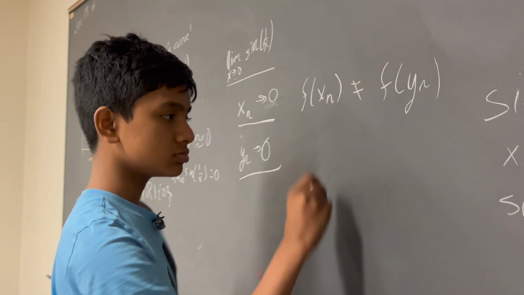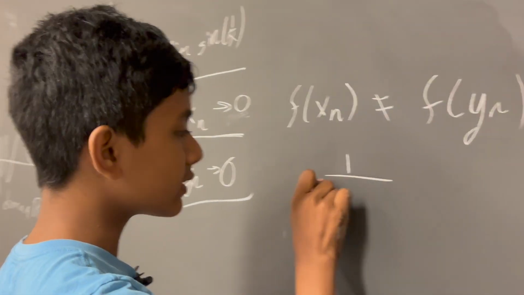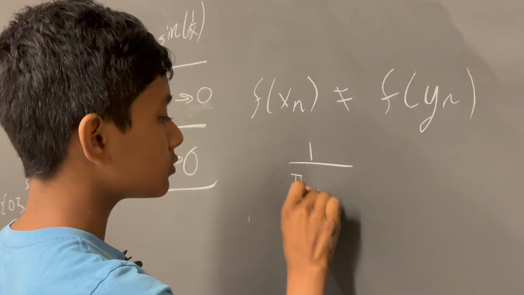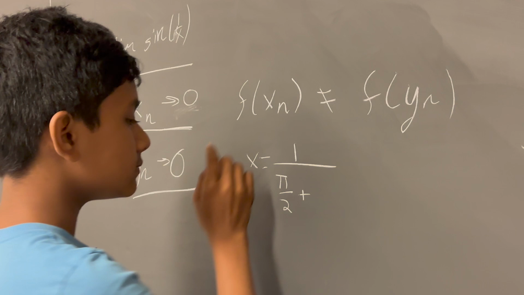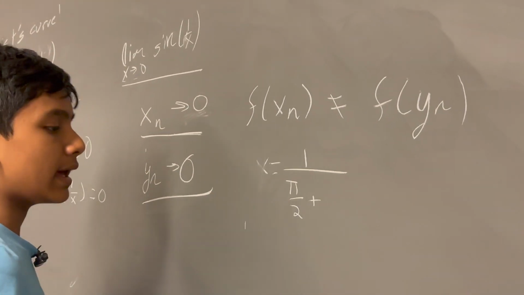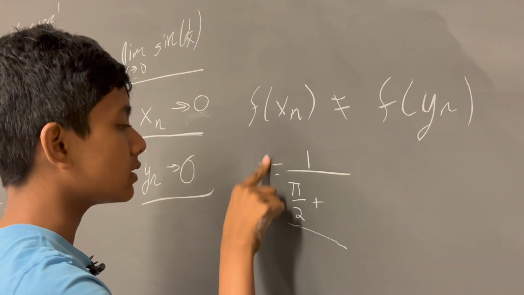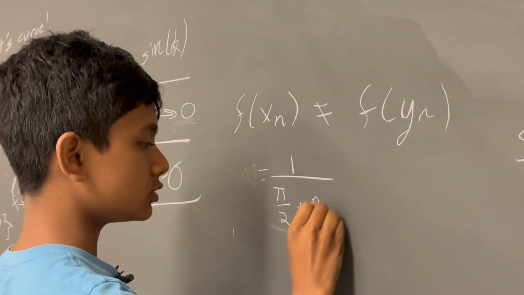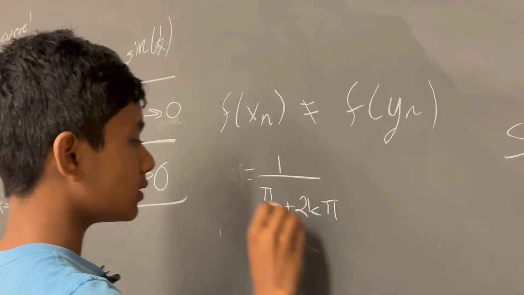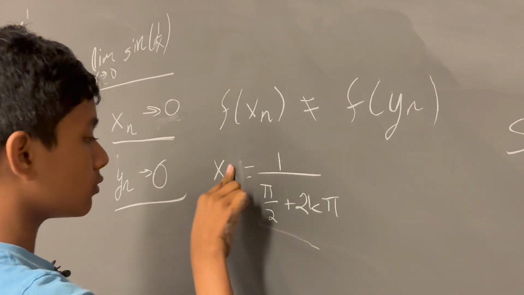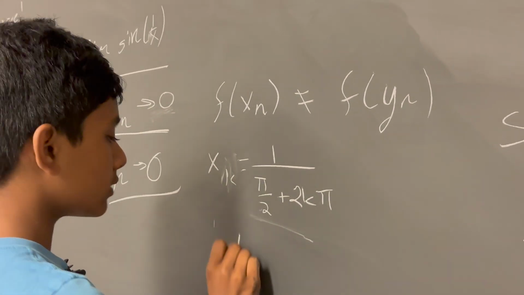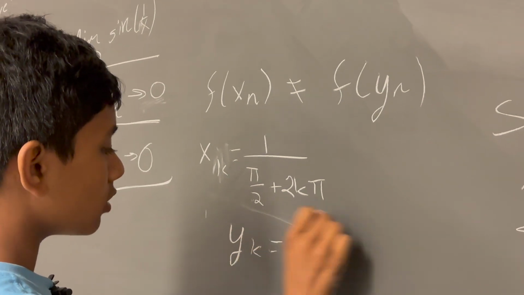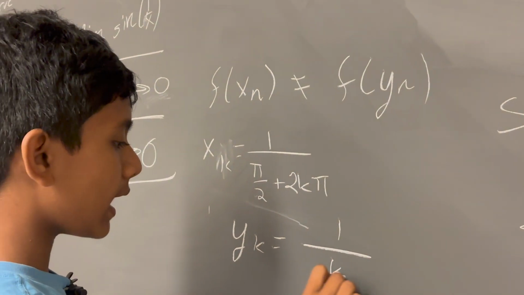So now, let's write 1 over these, so that once we plug these in, we can actually get what's inside back. So we get xk equals 1 over pi over 2 plus 2k pi, and yk is 1 over k pi.